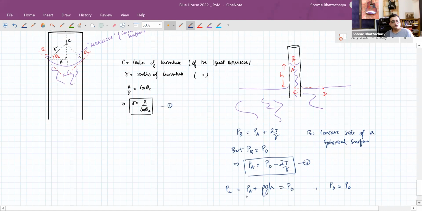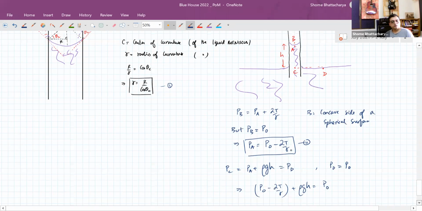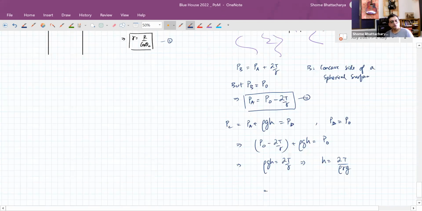So combining these equations, now we get h. Now taking the value of small r from equation 1 above.